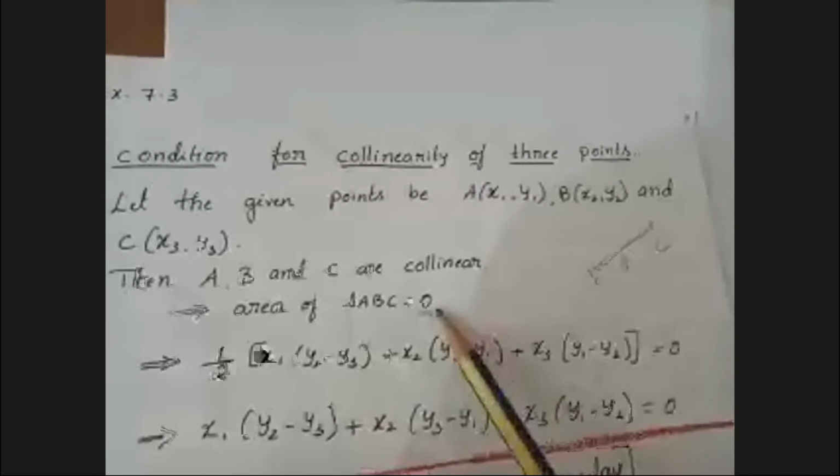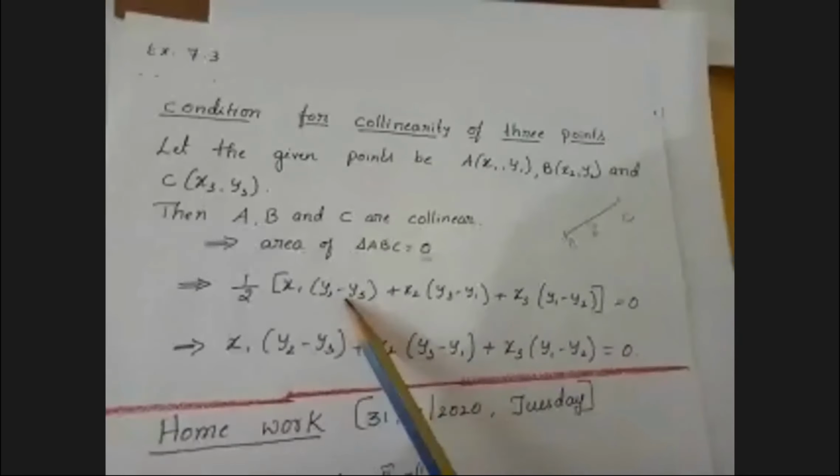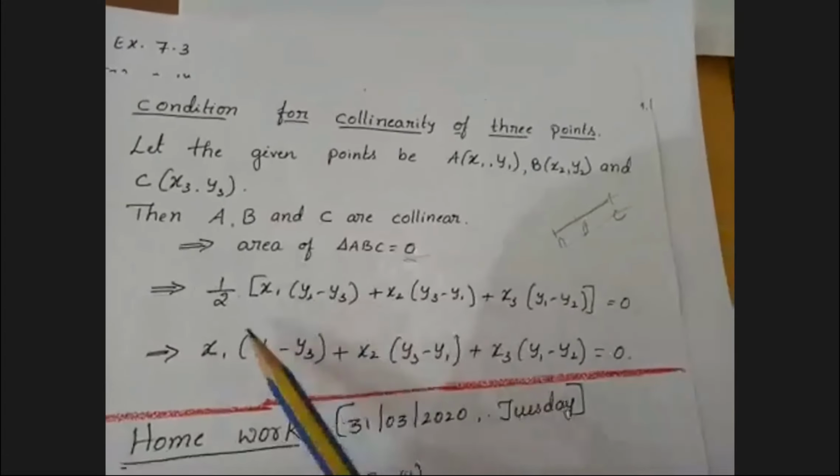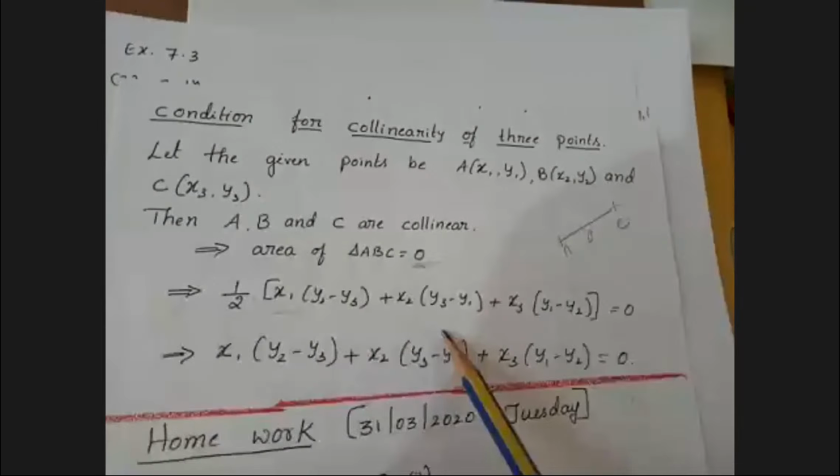Any doubt, children? No, ma'am. If the area becomes 0, then just write the formula of the area of triangle ABC. That's 1 by 2 into x1, y2 minus y3. Then when I cross multiply, 2 is in the denominator, so 2 into 0 becomes 0.